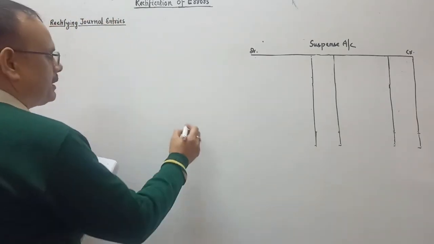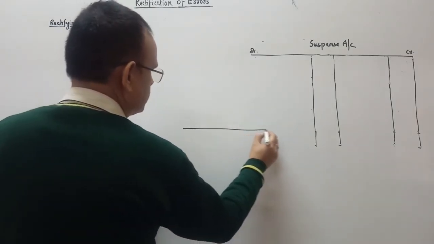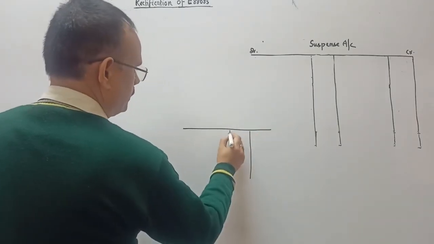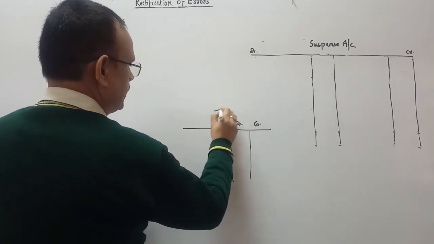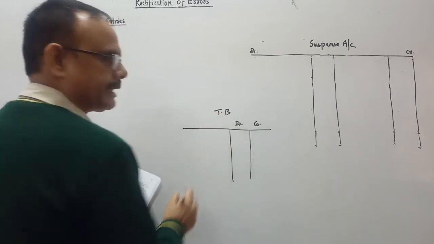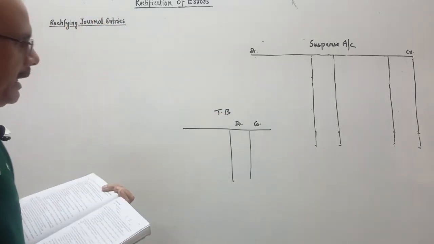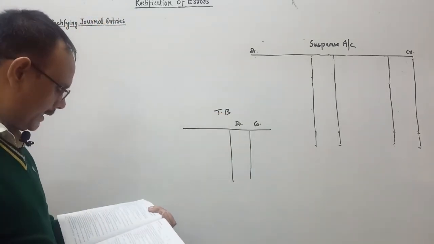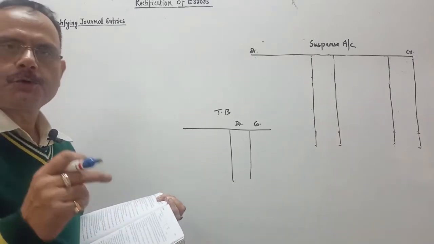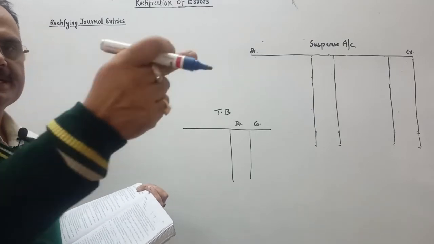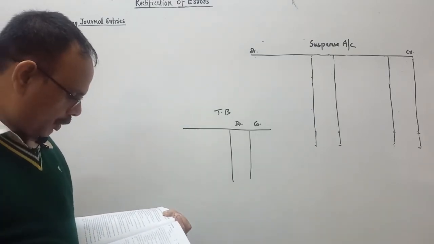So we'll check it from the trial balance, whether the trial balance agrees or disagrees due to that particular error. First one is total of return outward book. Return outward book means purchase return has not been posted.